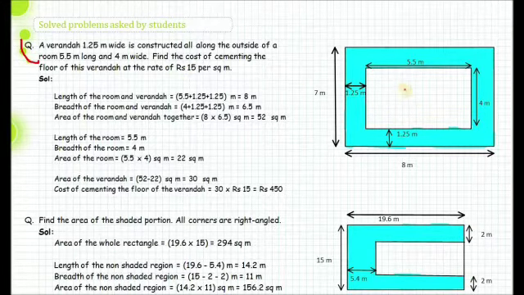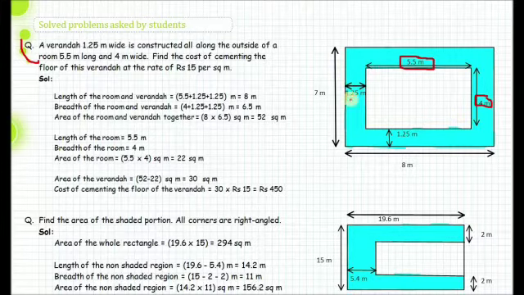In the figure you can see this blue colored region, this portion is the veranda. There is a room, and the width of the room is 4 meter, and the length of the room is 5.5 meter.